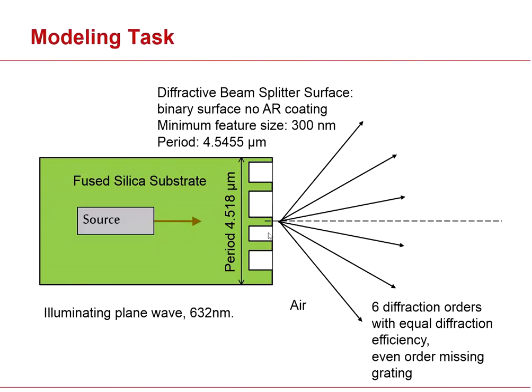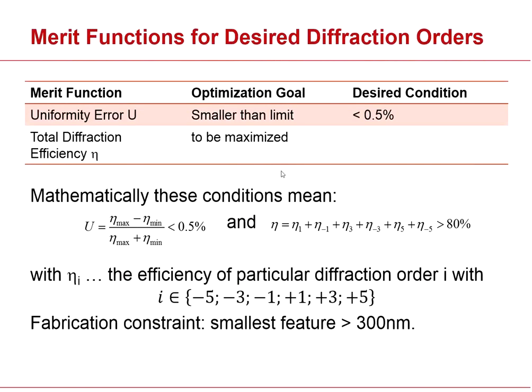So we have, after all, a periodic structure. Here is the period. This has been fixed to define the positions of these orders already, and we would like to have a beam splitter with 6 diffraction orders, which should have an equal diffraction efficiency, and we would like also to have a restriction with respect to the minimum feature size of 300 nanometers.